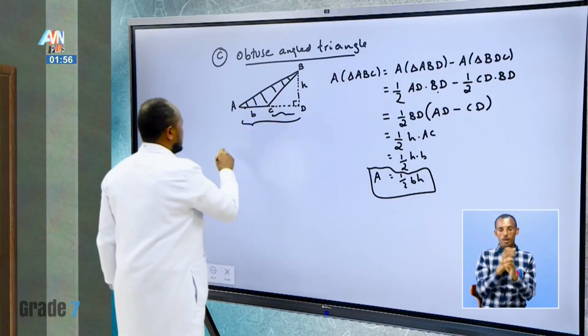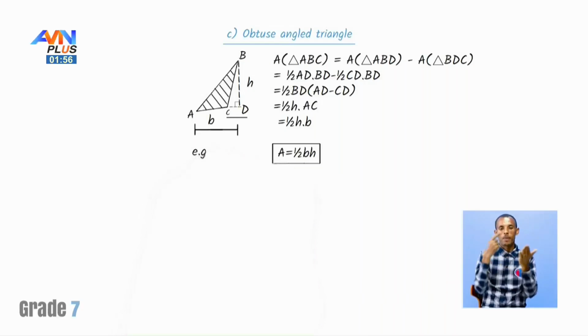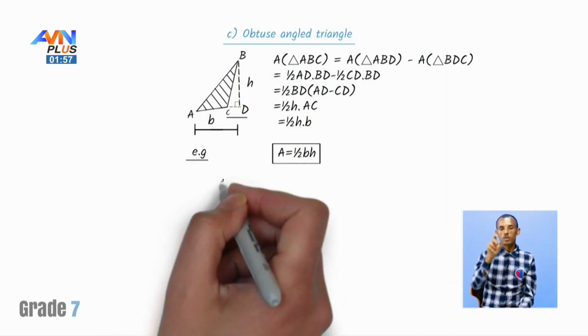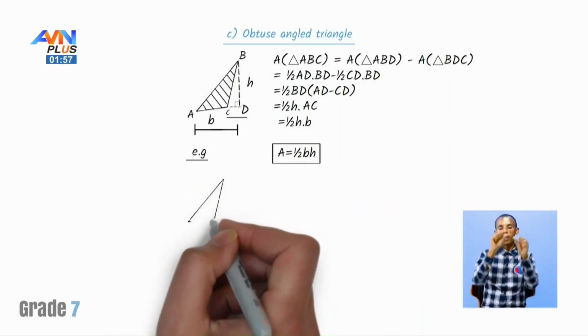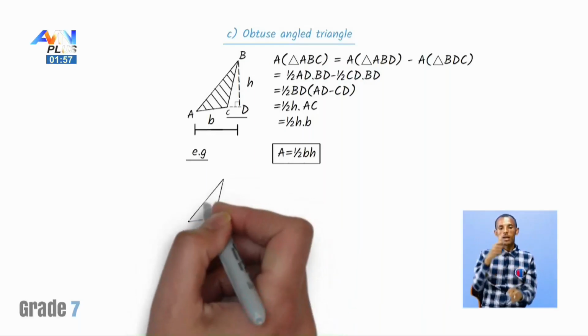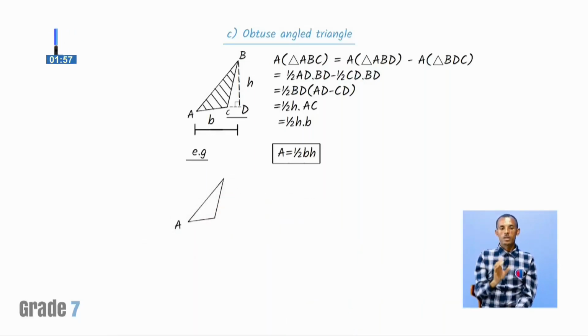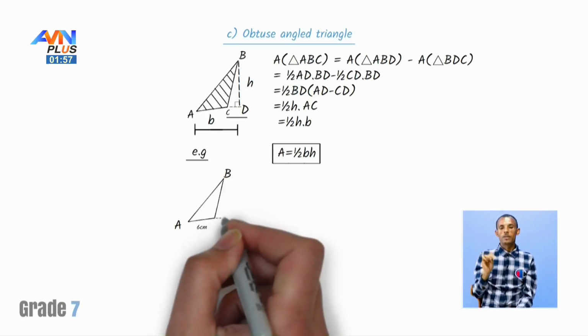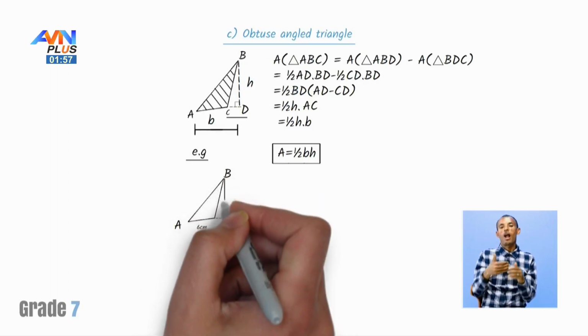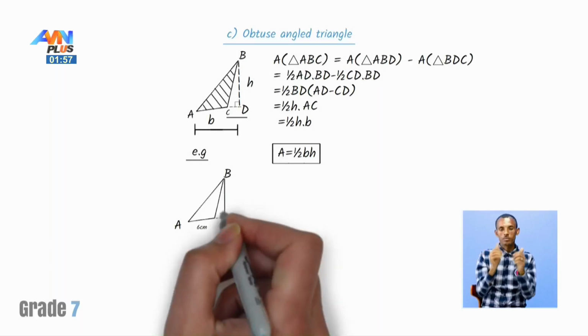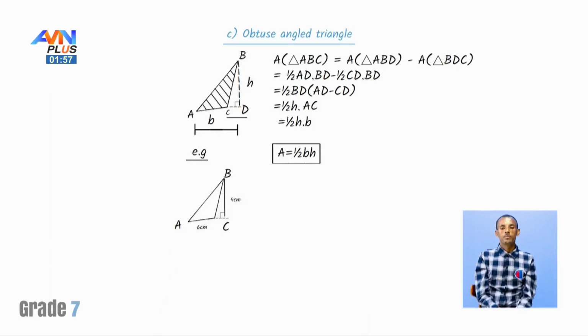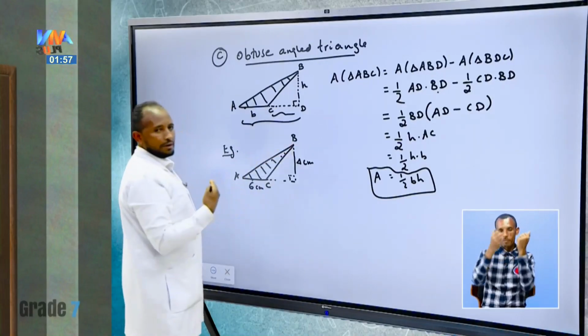For example, here, if you are asked to calculate the area of this triangle ABC, and this side is given to be 6 centimeter, and this altitude is given to be 4 centimeter. To calculate the area of this figure, simply multiply this base and this height.